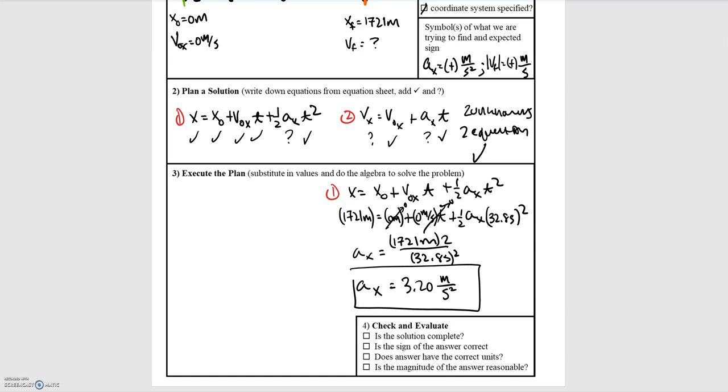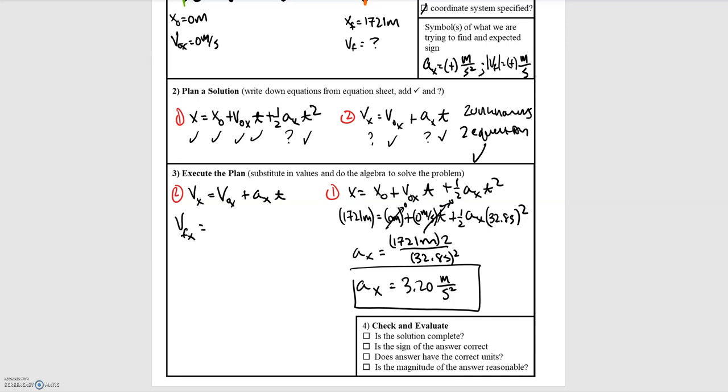Now that we've solved for the acceleration, we can move to the second part of finding the final velocity. We're going to start by using the second equation. So we have the final velocity is equal to the initial velocity plus the acceleration times time.